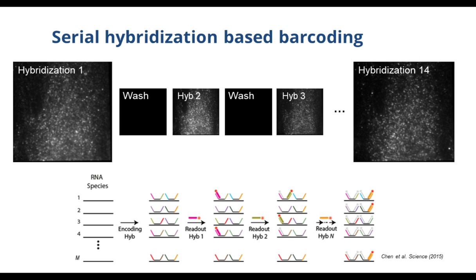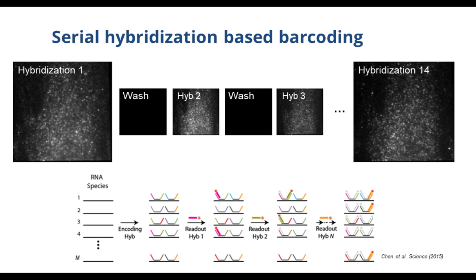This is an example of how it looks. If you look at this image, under hybridization 1, with very high resolution imaging, you can see the individual RNA show up as diffraction limited spots.